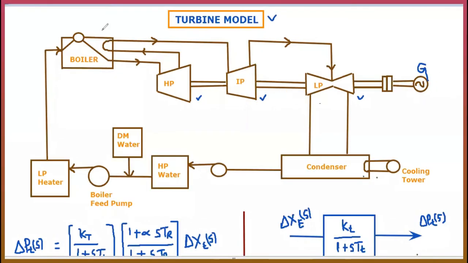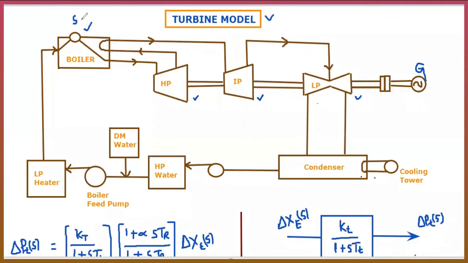Now there is a boiler, in which combustion of the fuel takes place, and the water circulated in the boiler is converted into steam because of the heat inside the boiler, and this steam has high pressure and high temperature.